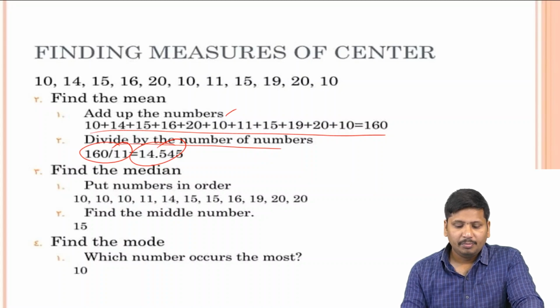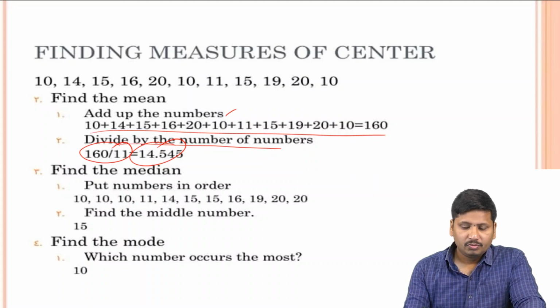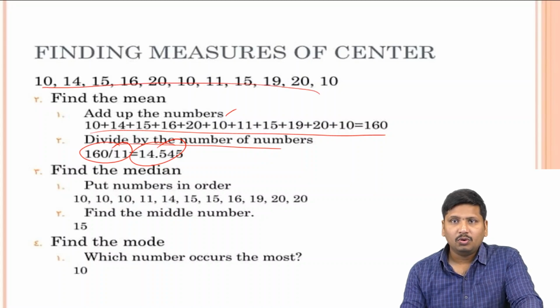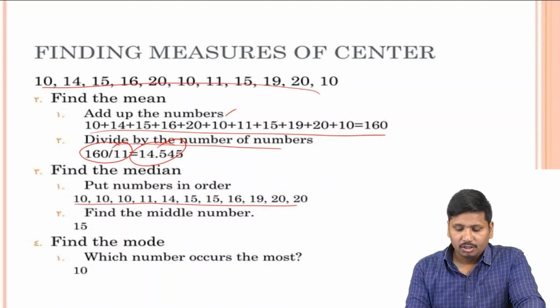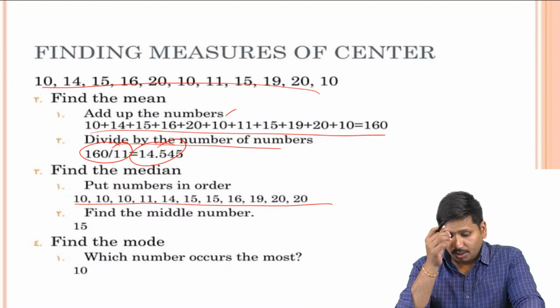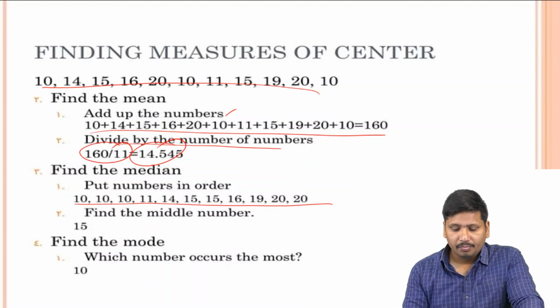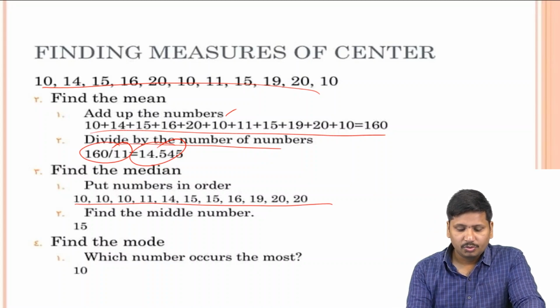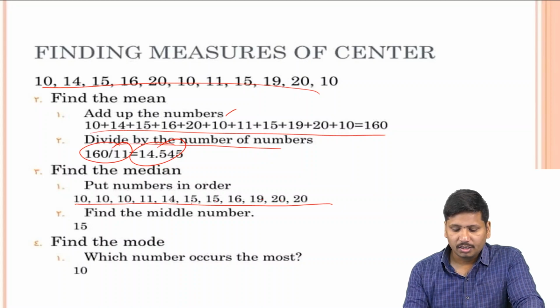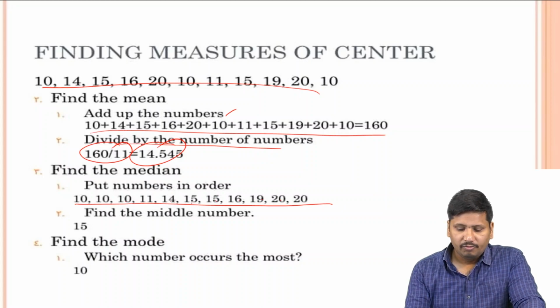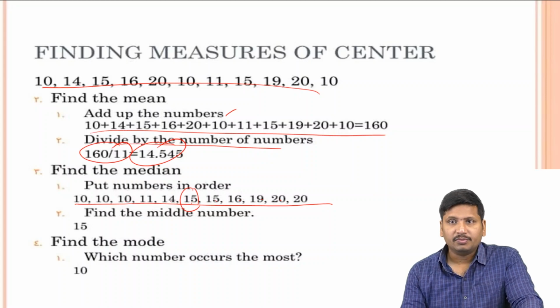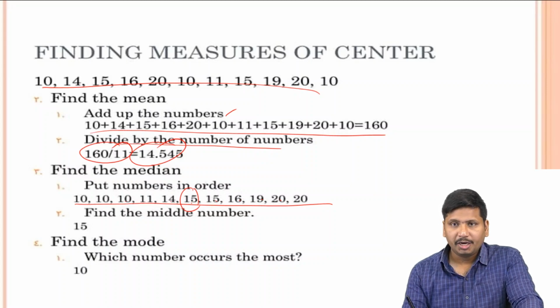How to calculate the median here? For this we have to write all the numbers in sorted order, and from this calculate the middle element. 1 2 3 4 5 6 7 8 9 10 11. So 11 means 15. 15 is the middle, that should be the median.